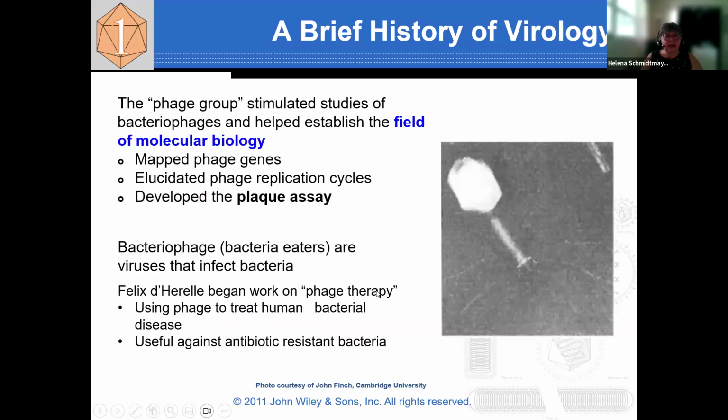And when we talk about the history of virology, we cannot forget to mention the so-called phage group. Around the 1930s, a group of scientists decided to focus their study on bacteriophages. Here is a nice picture of one of them. They knew that bacteriophages contain double-stranded DNA as genetic material.